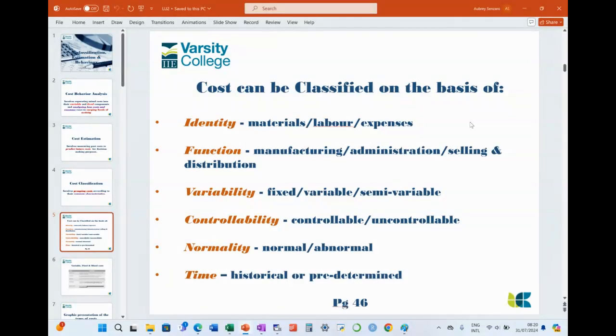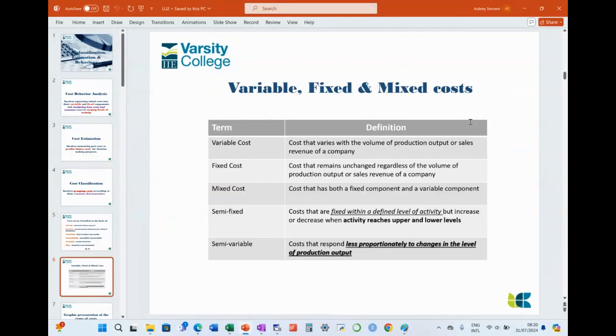All right, and obviously abnormal spillage is something that doesn't happen frequently, okay, but yeah, it can happen because there's always uncertainty when it comes to the future. Then time, all right, is it historic or predetermined? Okay, in other words, is this a cost that we've had in the past, or is it one we know we are anticipating is going to be realized?